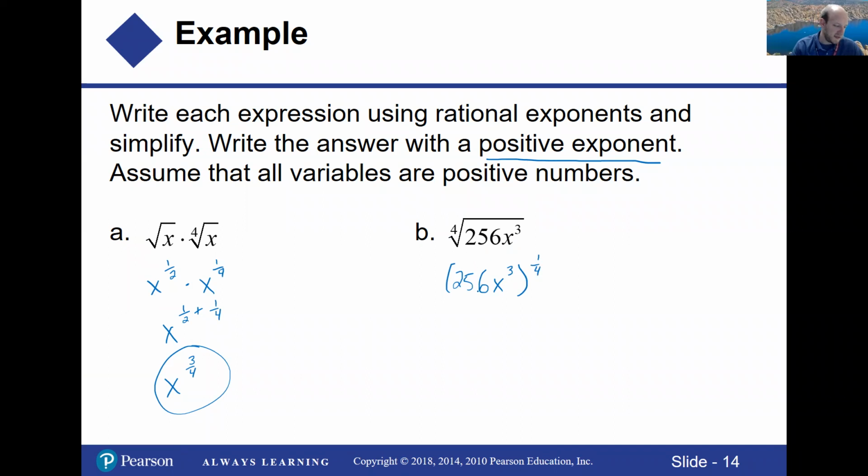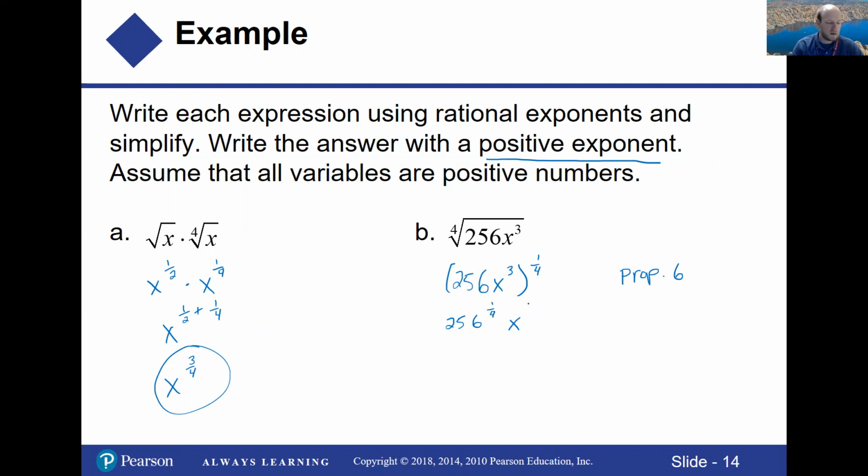Now, this is going to be property number 6 to get to the next step here. So I'm going to distribute the 1/4 to the 256 and then to the x to the 3rd.